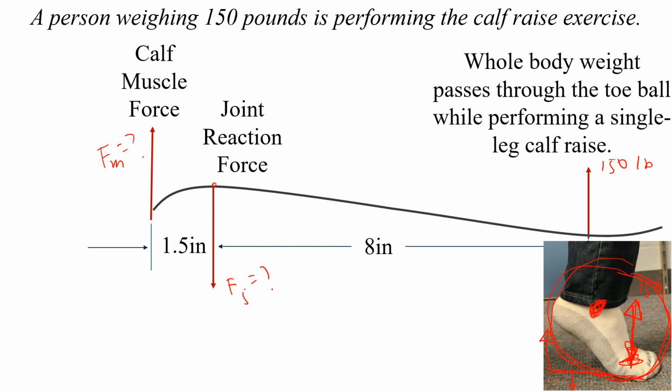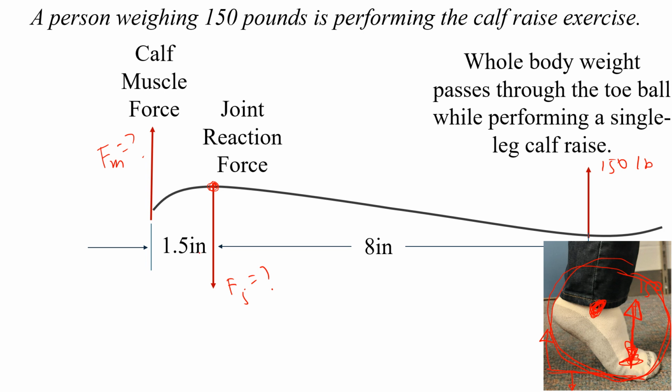The goal here is to cancel one of the forces by taking moments in a certain way. If you take moments at the passing point of one of the forces, then that particular force will cancel out because there will be no moment from that force, because the distance is zero. So the goal is not to figure out which one is the pivot point.